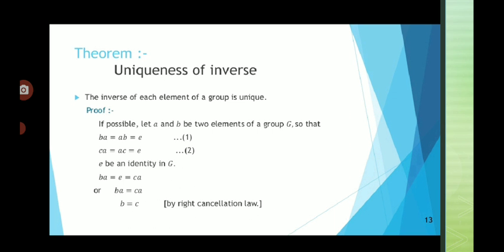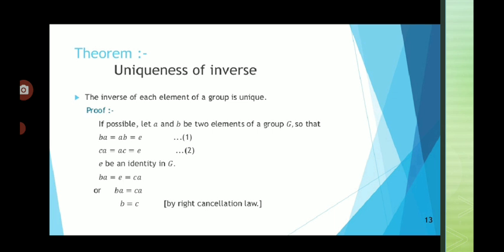Next, uniqueness of inverse. This is another theorem. In the previous theorem, we discussed the uniqueness of the identity element. In this theorem, we discuss the uniqueness of the inverse element. The inverse of each element of a group is unique.